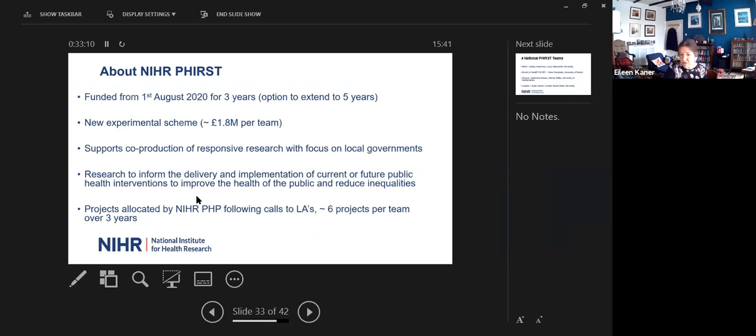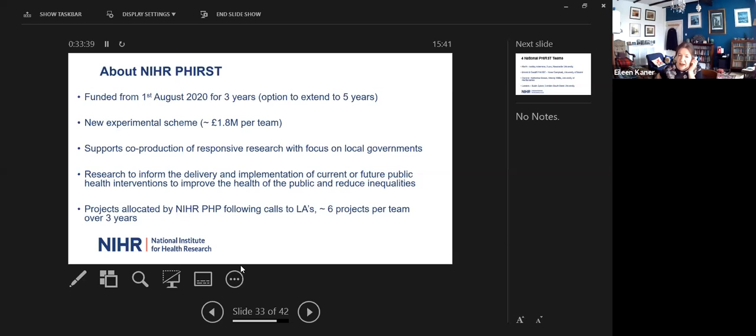It was first funded for 3 years, but it's been extended for 5. It's got about £1.8 million, and it's trying to support the research needs of local governments. These are our local authorities in which public health directors and their teams and social care leaders all sit. And these FIRSTs are trying to respond to the needs of partners in local authorities and help to develop studies around the questions that they've got.